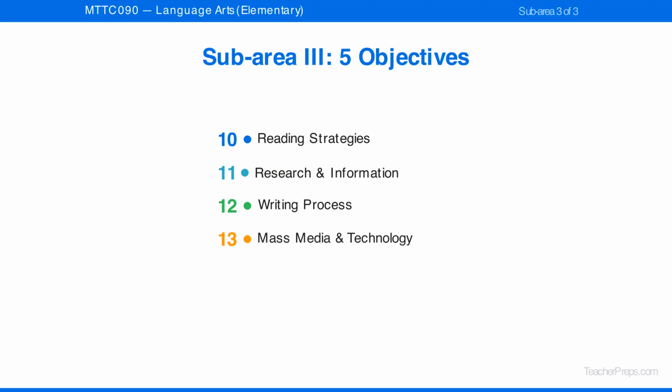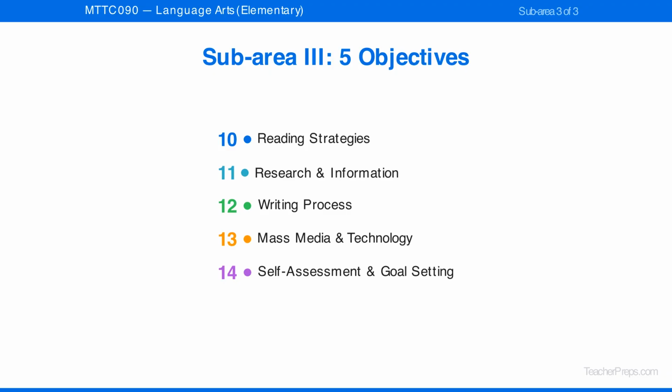Objective 12 is all about the writing process, from brainstorming and pre-writing all the way through editing, revising, and publication. Objective 13 covers mass media production skills, including the characteristics of different media forms and the skills needed to create media. And Objective 14 covers student goal setting, reflection, metacognition, and self-assessment at different developmental levels.